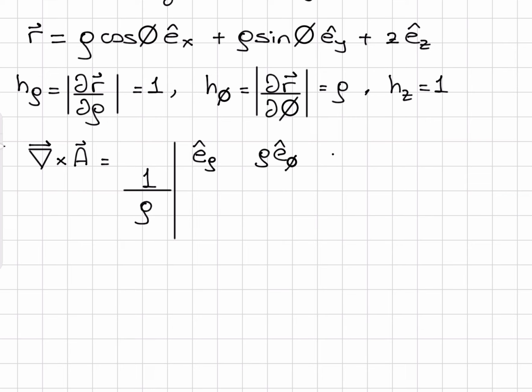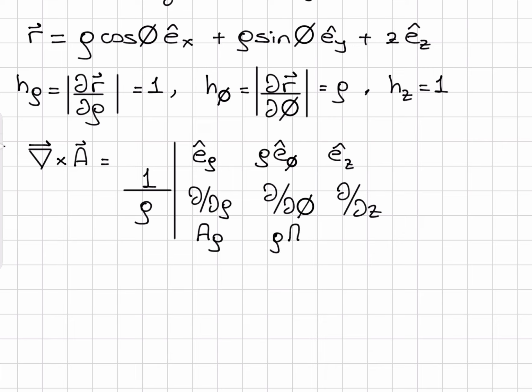And then I have partial derivative with respect to rho, partial derivative with respect to phi, and partial derivative with respect to z. Then I have h rho A rho, which will give me just A rho. Then I have h phi A phi, which will give me rho A phi, and h z A z will give me A z. So we have to perform this determinant.